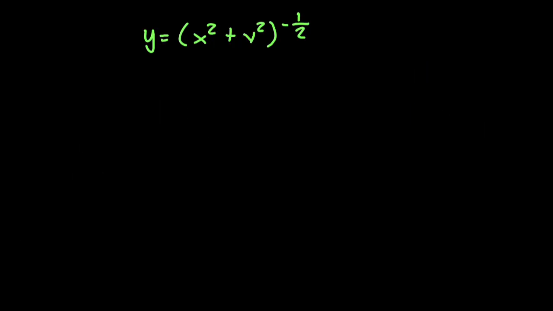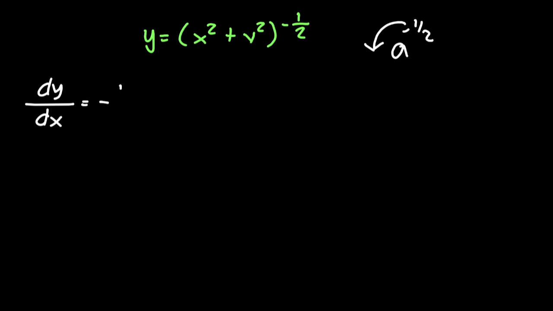y equals x squared plus v squared all raised to the power of negative 1/2. So let us take the derivative of y with respect to x first. The derivative of x squared plus v squared raised to the power of negative 1/2. This is based on the chain rule. Just treat this as like a to the power of negative 1/2, wherein you will put first negative 1/2.